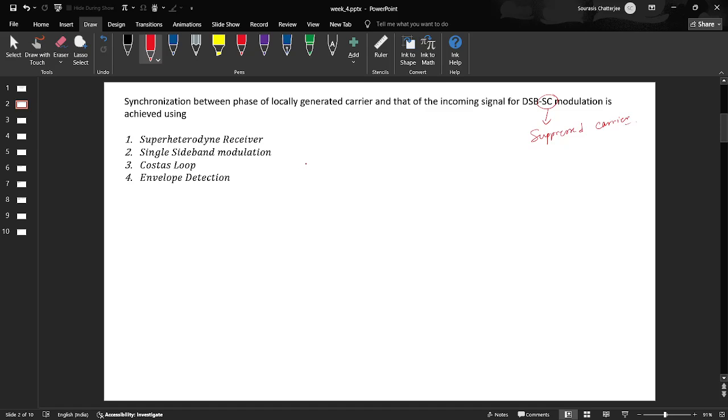And we also discussed that if there is no carrier, the major problem that arises is synchronization issues at transmitter and receiver.